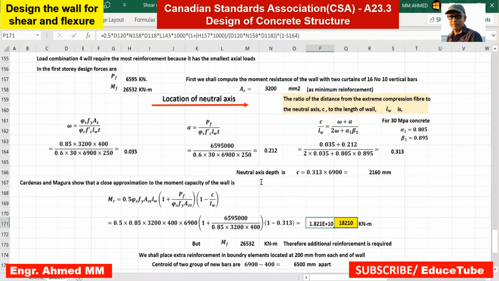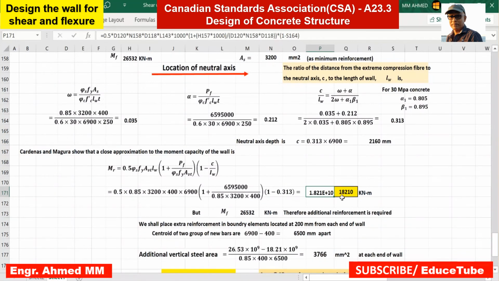But look at here, our wind loads, we calculated this moment due to wind loads 26,532 kilonewton meters. But moment resistance, as per these approximate equations, we got 18,210 kilonewton meters. So of course this is less than this.